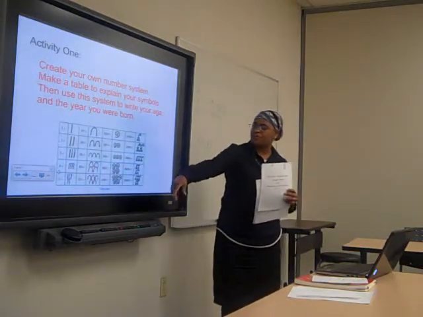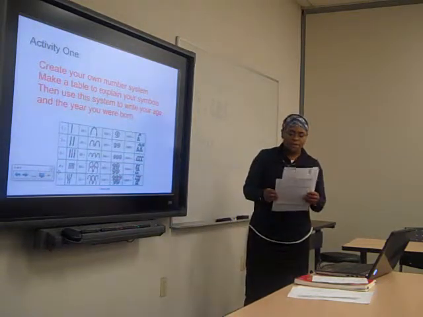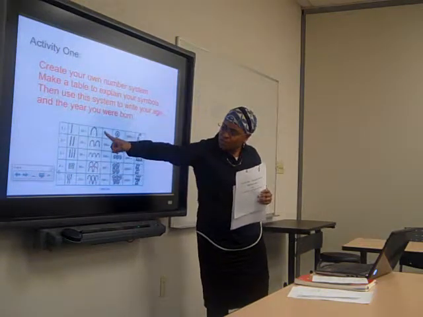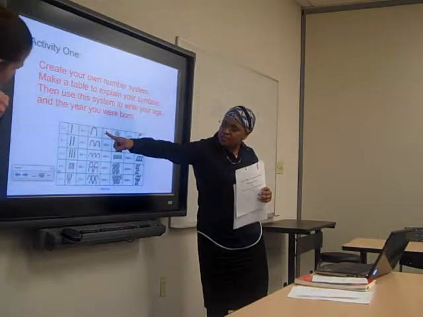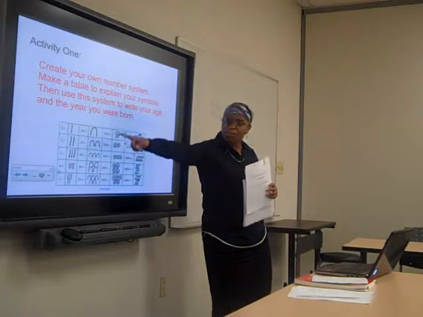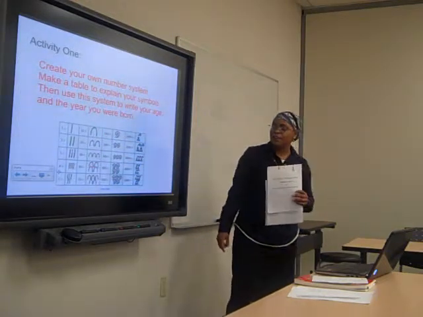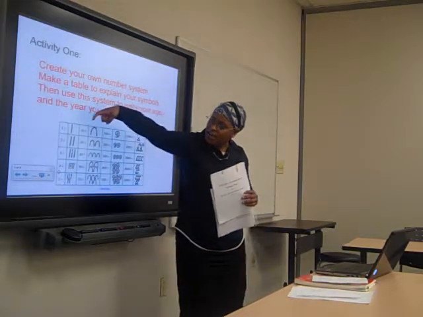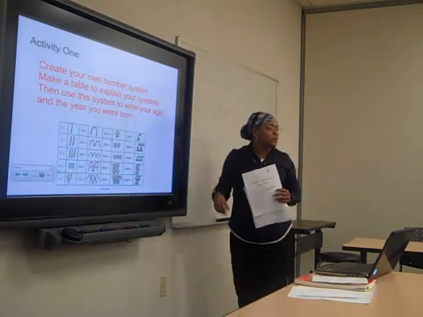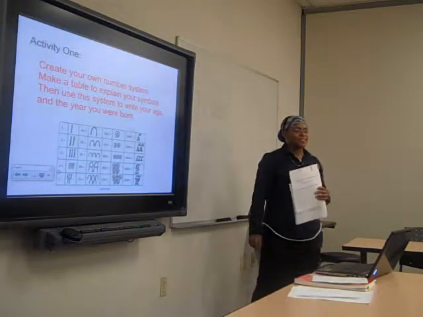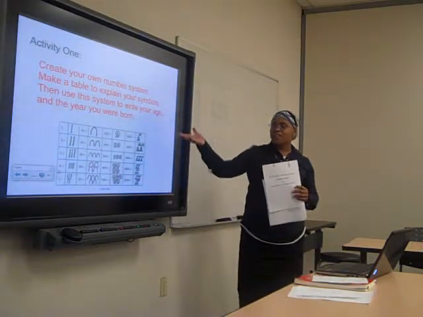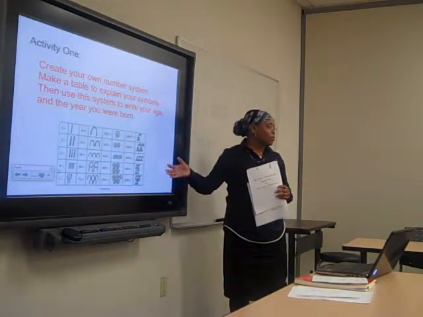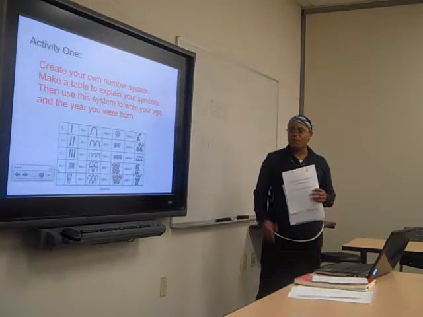It was difficult to find some of these symbols on the computer, but if I used this arch, each arch has a value of 10, and each stroke has a value of 1. If I said that my age was equivalent to 4 arches and 6 strokes, how old am I? Yes? 46. Okay, so in essence, the children would be able to create their own symbols, establish a table, and solve the problem.